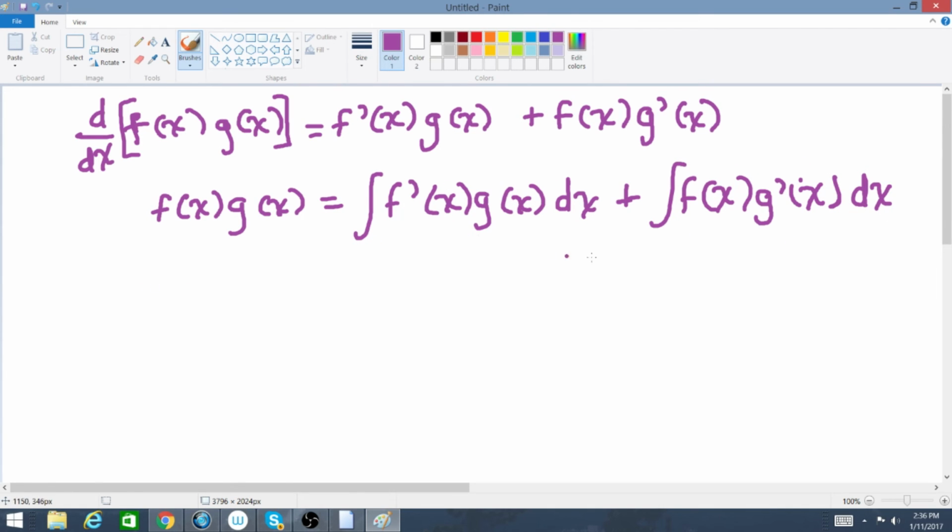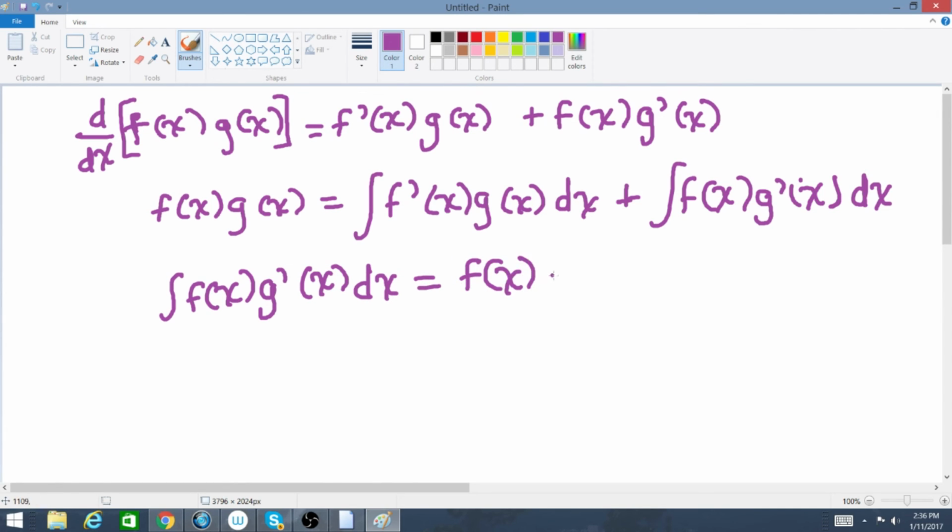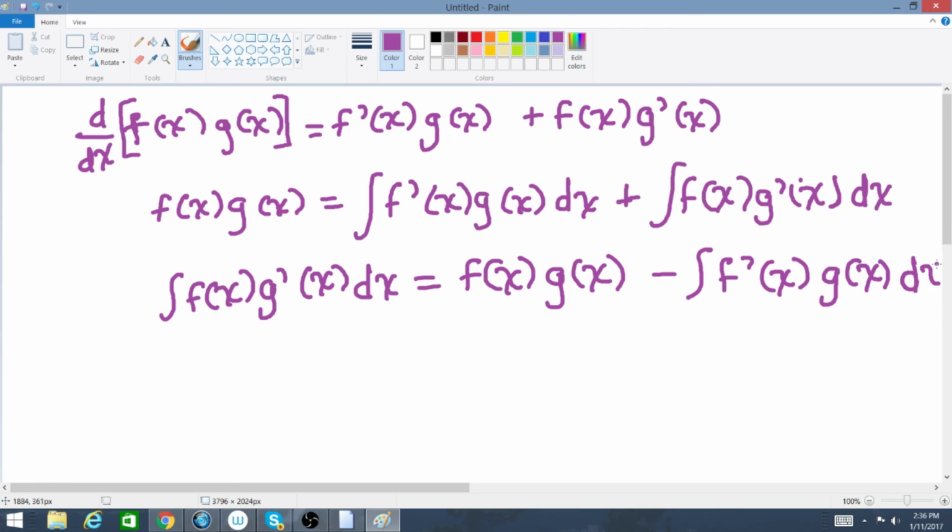So let's do that, isolating for this term. The integral of f of x times g prime of x dx equals f of x g of x minus the integral of f prime of x times g of x dx. So here we have the formula for integration by parts.